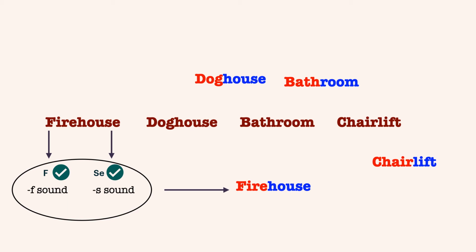Just like that, look at the word doghouse. It contains two morphemes, that is, dog and house. The word bathroom contains two morphemes, bath and room. Like that, chairlift contains two morphemes, chair and lift.